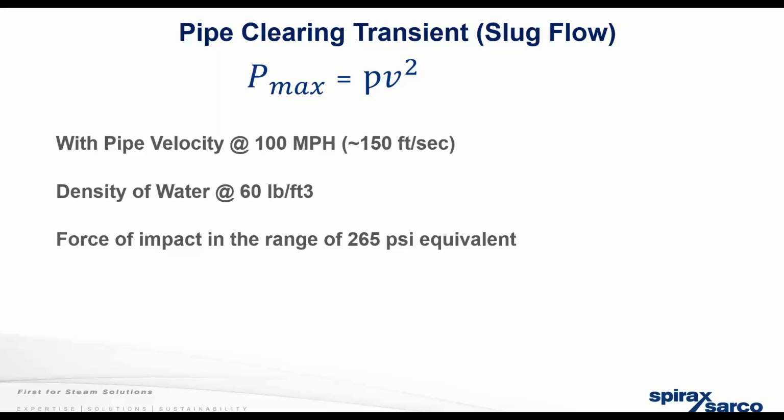Now, coincidentally, this is pretty close to ANSI 150 class piping, but a lot lower than you would suspect that impact pressure to be at a nominal design velocity of my steam system of 100 miles an hour or 150 feet per second. Okay, so keep that in mind.